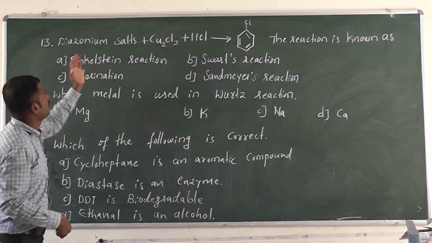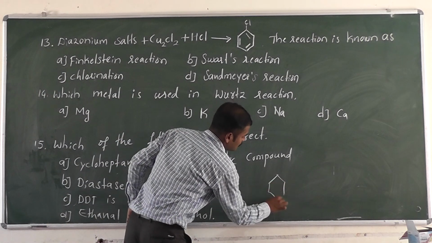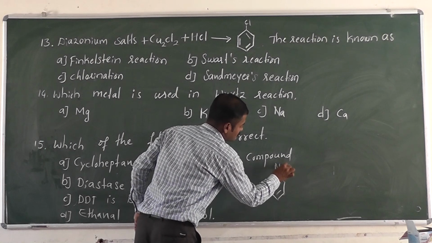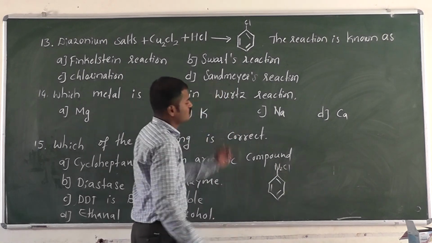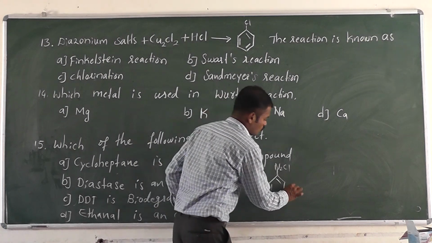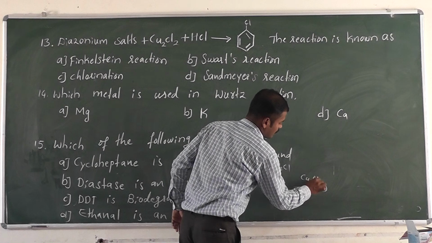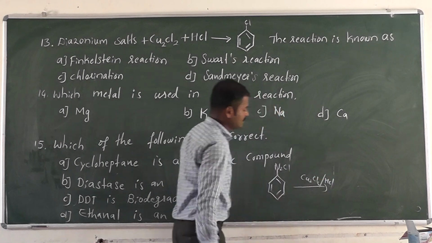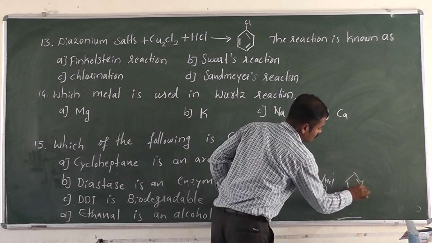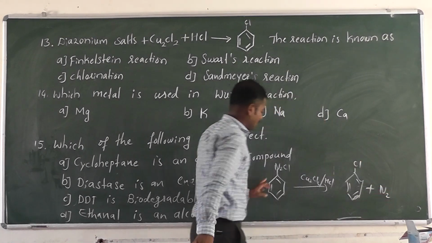So here diazonium salt is there, so you have to write benzene with N2X, or Cl. So they have taken Cl, so we have to write this as benzene diazonium chloride. So when this reacts with Cu2Cl2, that is cuprous chloride, along with acid, there is a formation of chlorobenzene, and nitrogen gas eliminates here.